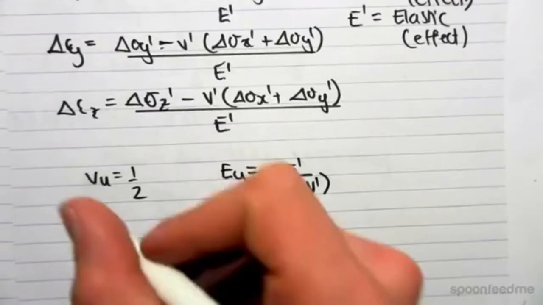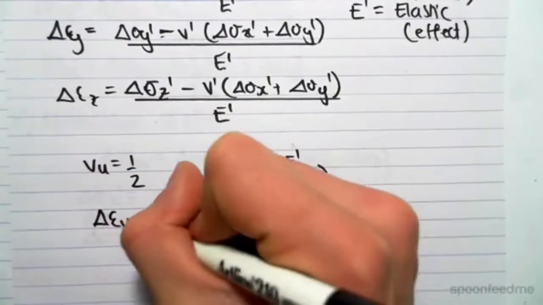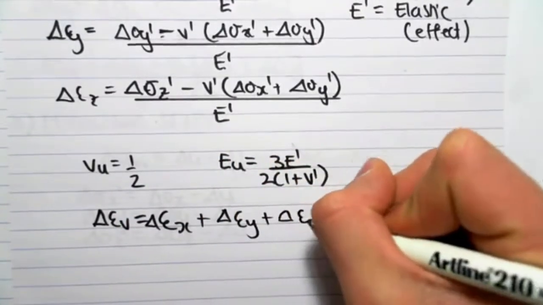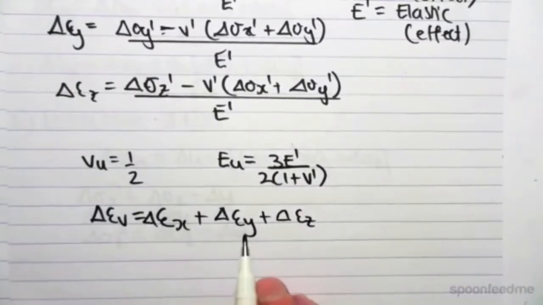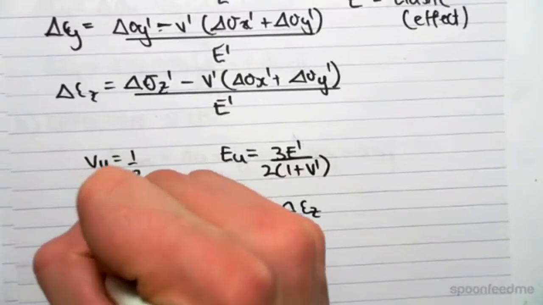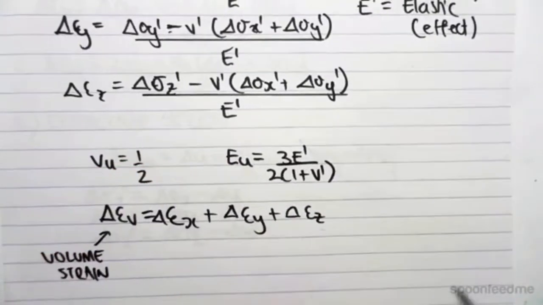The last thing we need to discuss is the volumetric strain, which is just the total volume strain. So change in EX plus change in EY plus change in EZ is just a combination of all the dimensions, which makes sense.